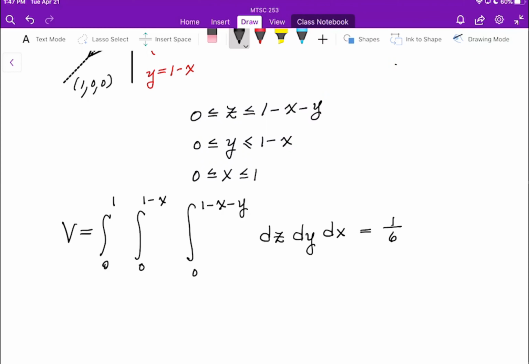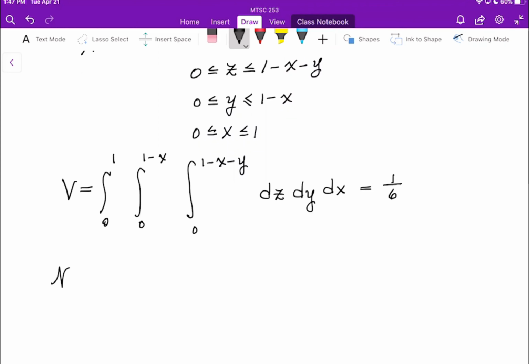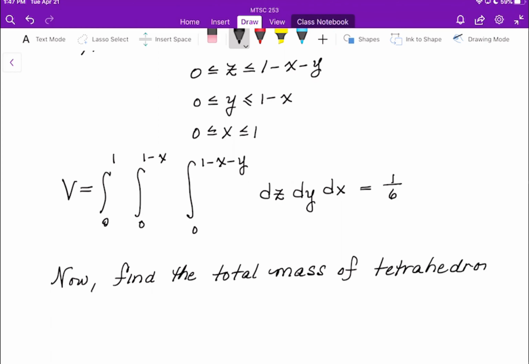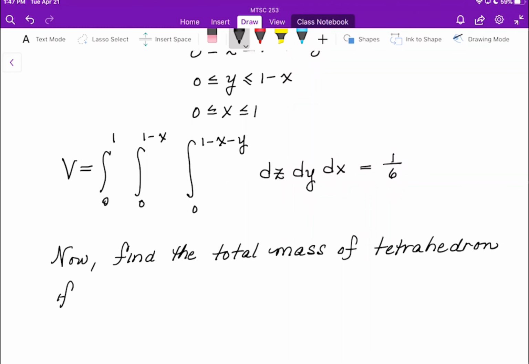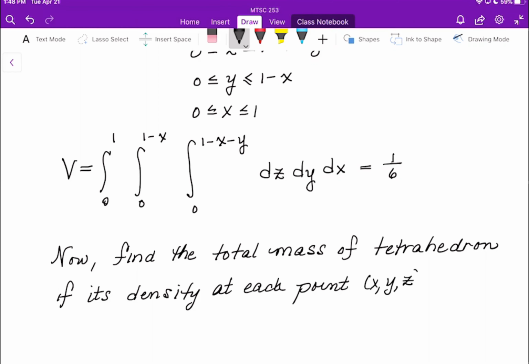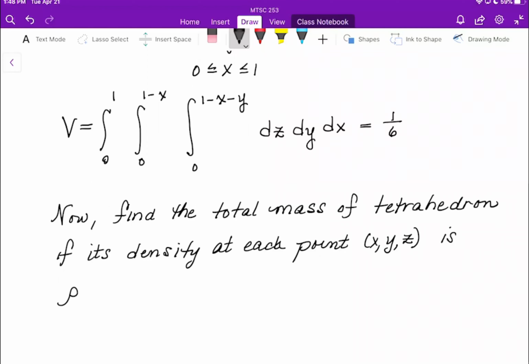Okay, now suppose the question asks, find the total mass of the tetrahedron if its density at each point x, y, z is rho of x, y, z equal to xy.